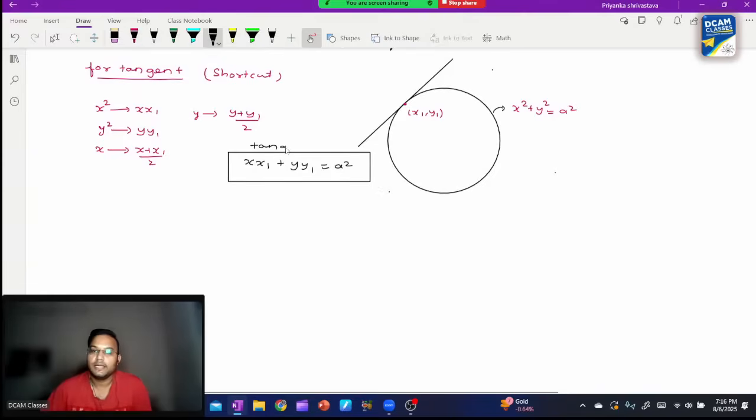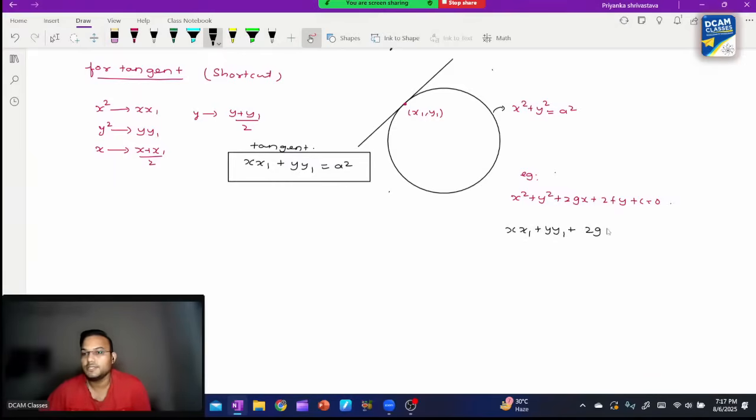Now you will get a doubt, sir, the equation of circle is not always like this. For example, the equation of circle was x square plus y square plus 2gx plus 2fy plus c is equal to 0. Then how will this shortcut work? In this case, you convert x square as x1, y square as y1, x as (x plus x1) by 2.